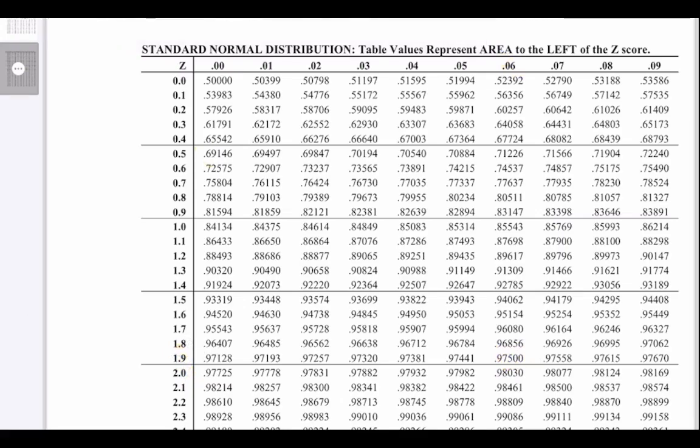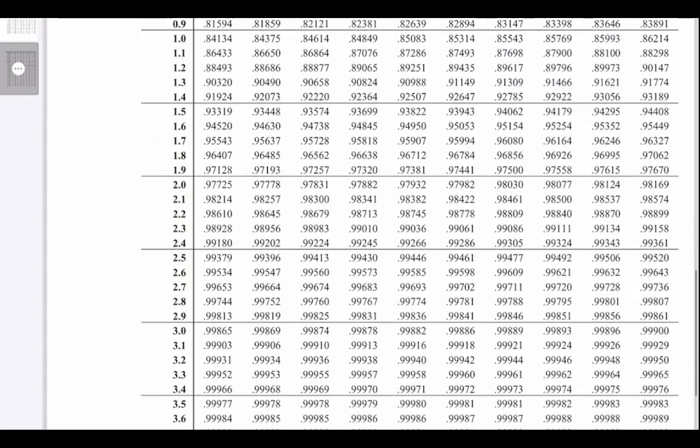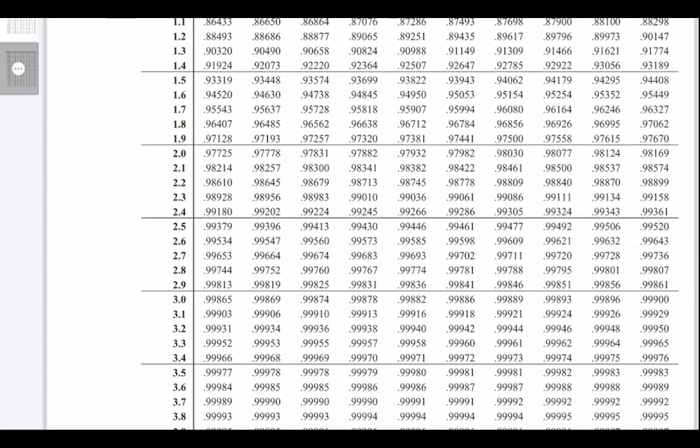We're looking for 0.9900. We have a value somewhere between these two values right here.